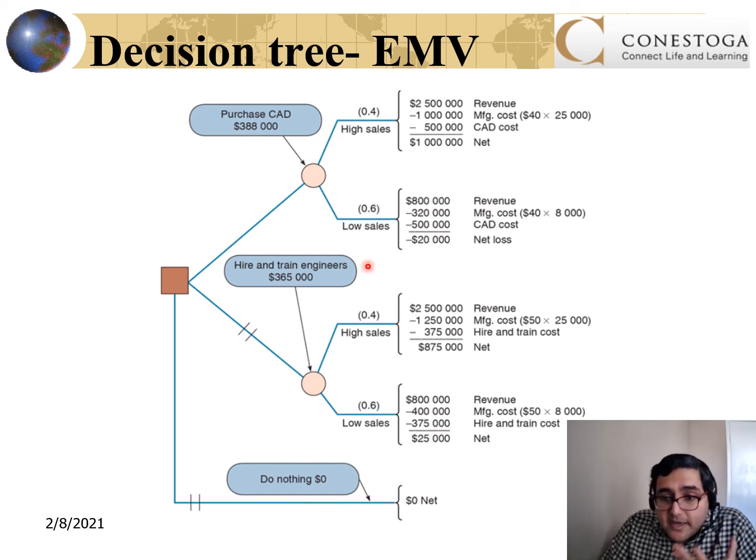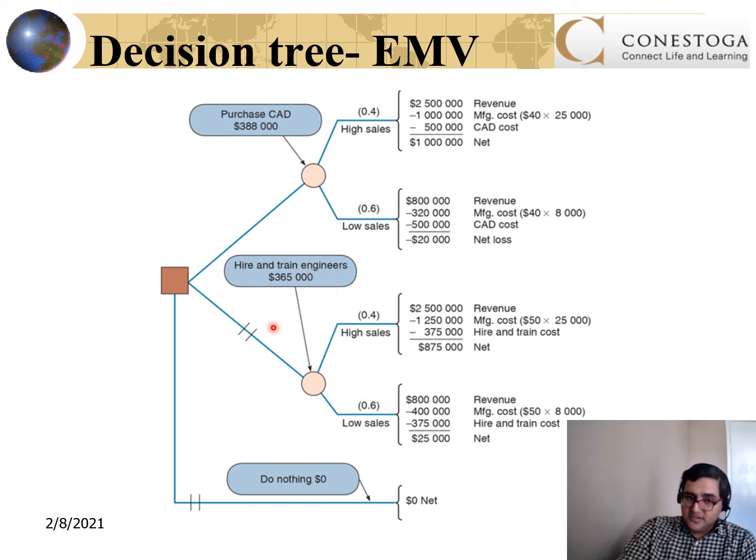That's my expected monetary value. If I'm hiring and training the engineers, doing the same way, the expected return is 365. If I'm doing nothing, my expected return is $0. So logically, since it's a question of making more profit, I will go ahead with the decision to purchase CAD.